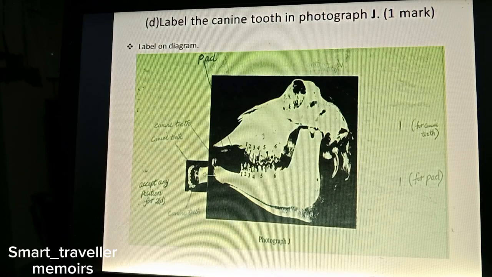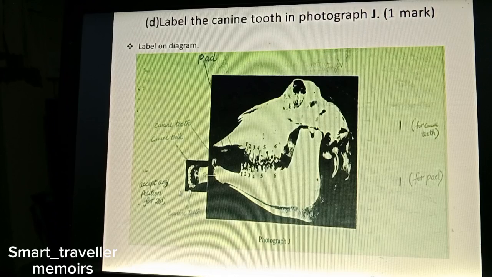Label the canine tooth in the photograph, and there it is labeled, the canine tooth here. You can see it here, canine tooth. Any of those labels were correct. Or here, you could have named it here, accept any position for D2.